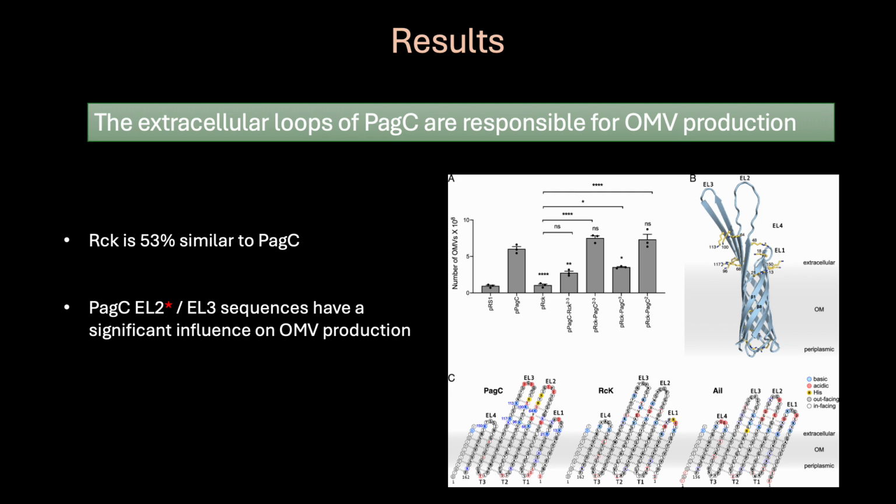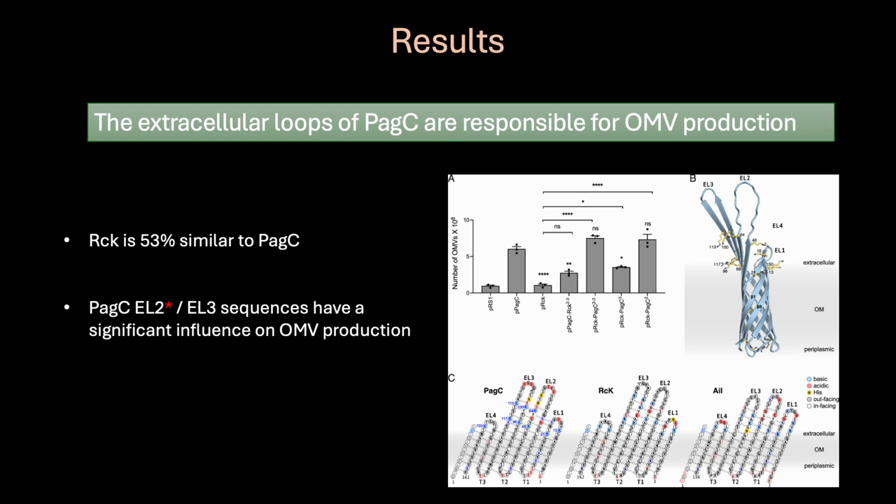Then the rest are the plasmid-encoded protein chimeras, except in the last two, only one sequence of loops of EL2 or EL3 of RCK was replaced with that of PAG-C's EL2 and EL3 sequence.